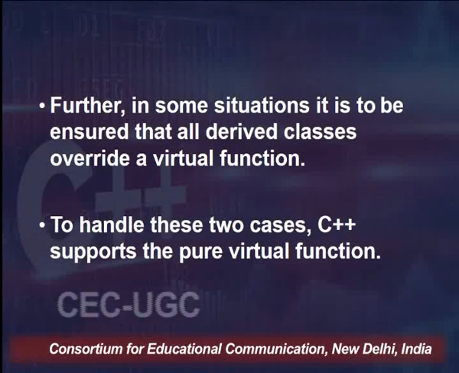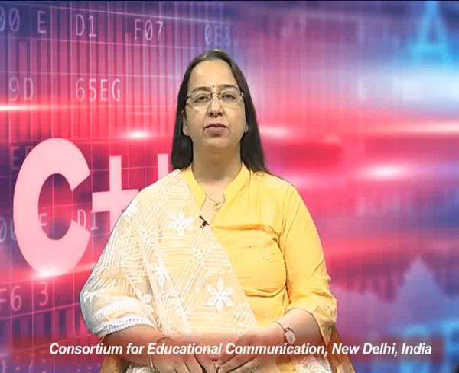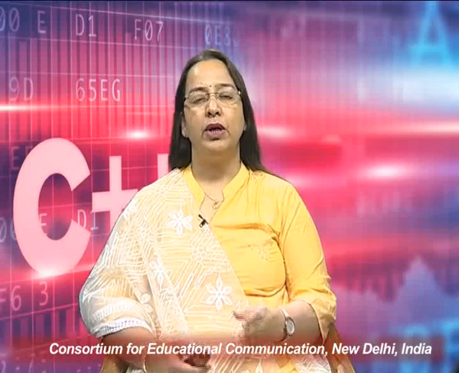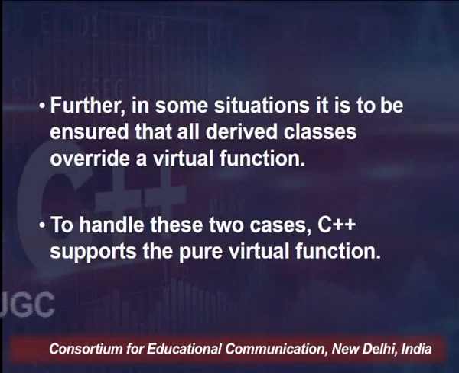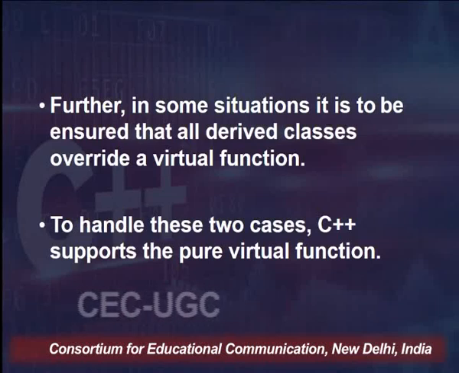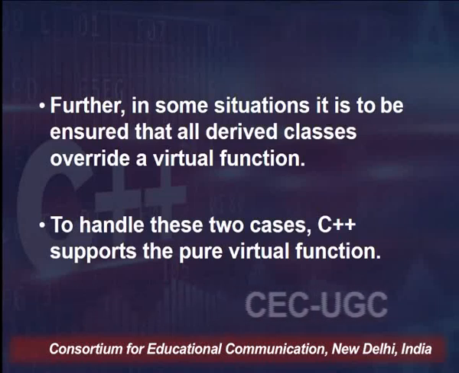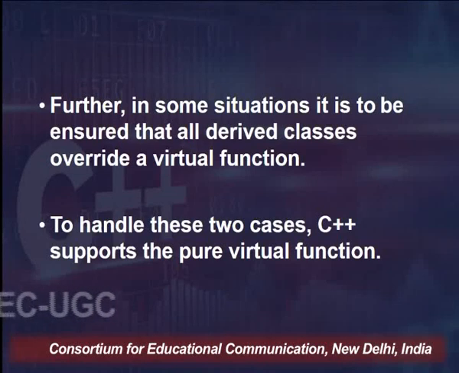So there are situations in which we need to ensure that all derived classes must override the virtual function, and in a similar situation the base class is unable to provide any meaningful definition to that virtual function. To handle these two cases, C++ supports another kind of virtual function, a twist or tweak in the virtual function, and that twist is known as a pure virtual function.